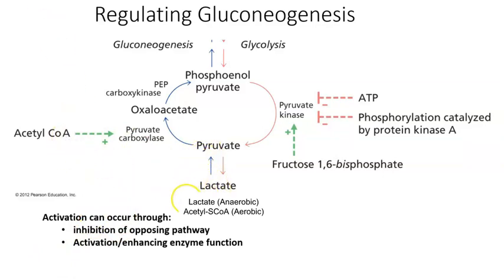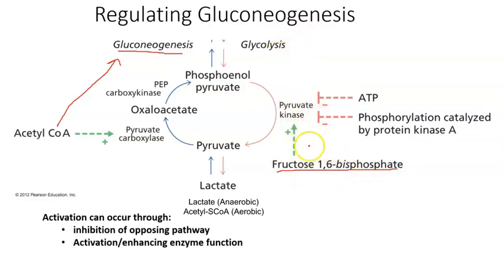If we have a lot of product of glycolysis, that means that we might want to go back up this way to activate the synthesis of oxaloacetate and phosphoenolpyruvate to undergo gluconeogenesis. So again, when we have a lot of acetyl-CoA, that activates the gluconeogenesis pathway. On the other end of things, if we have a lot of fructose 1,6-bisphosphate, that is a reactant upstream in glycolysis.